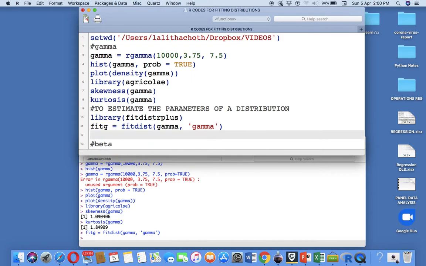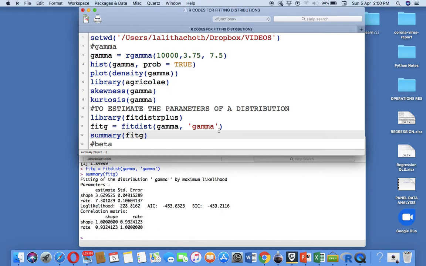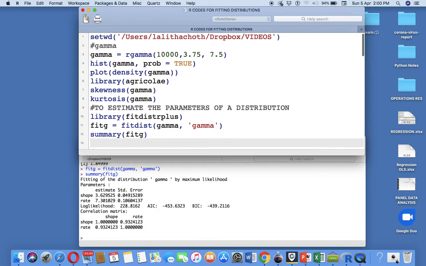Go to the next line and I say summary fit G. So there you are. 3.62, the actual value being 3.75, and 7.3, the actual value is 7.5. Very close. And this shows some parameters. Okay, so we do a fit. Now we will get a plot.